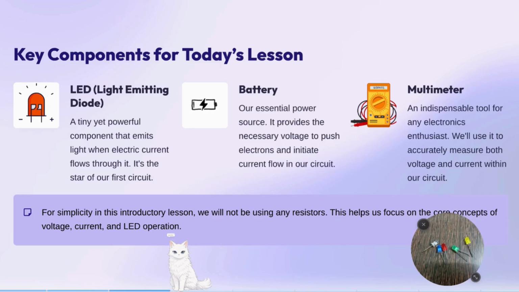In terms of electronics, positive is called the anode, and the negative is called the cathode. I'm going to show you how anode and cathode work when we do the circuits. So just remember that an LED has two legs, positive and negative, like how we have two hands: right hand, left hand, right leg, left leg.